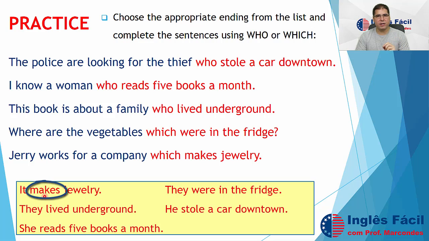The verb to make here is conjugated in the third person singular, right? He, she, it. It makes. Now, let's look here at the sentence. Jerry works for a company which makes jewelry. So, it's easy to see that the conjugation of the verb is maintained after we turn a normal sentence into a relative clause, okay? So we do not have to change the verb. The verb stays the same.